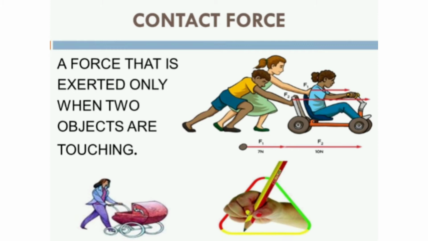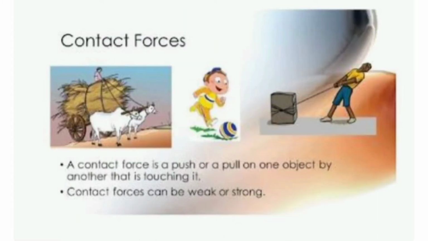A contact force is a force that is exerted only when two objects are touching. Listen here. Children are touching or pushing the cycle. A boy is touching the pencil. Contact forces can be weak or strong.